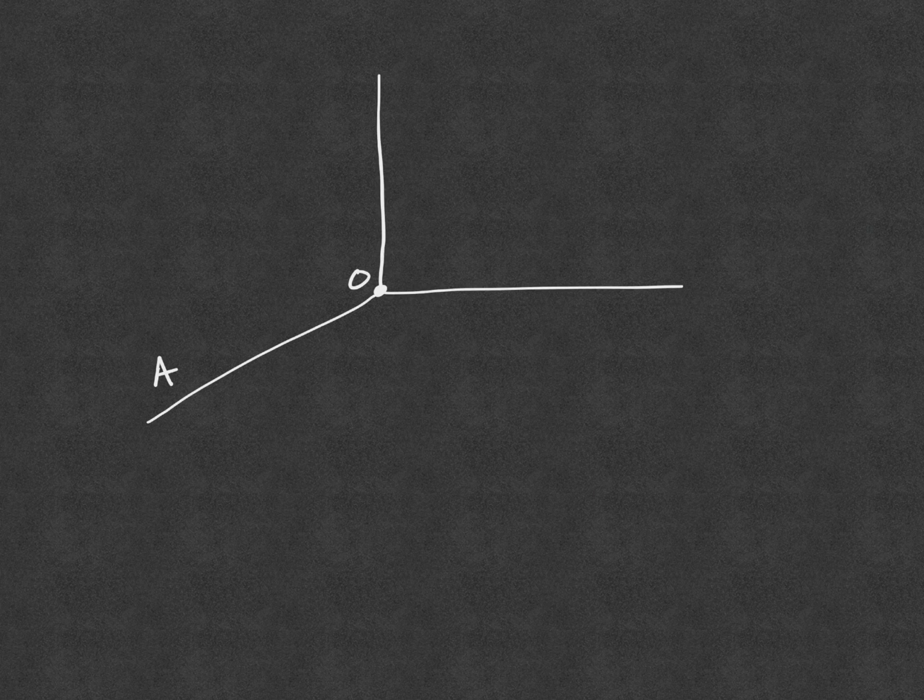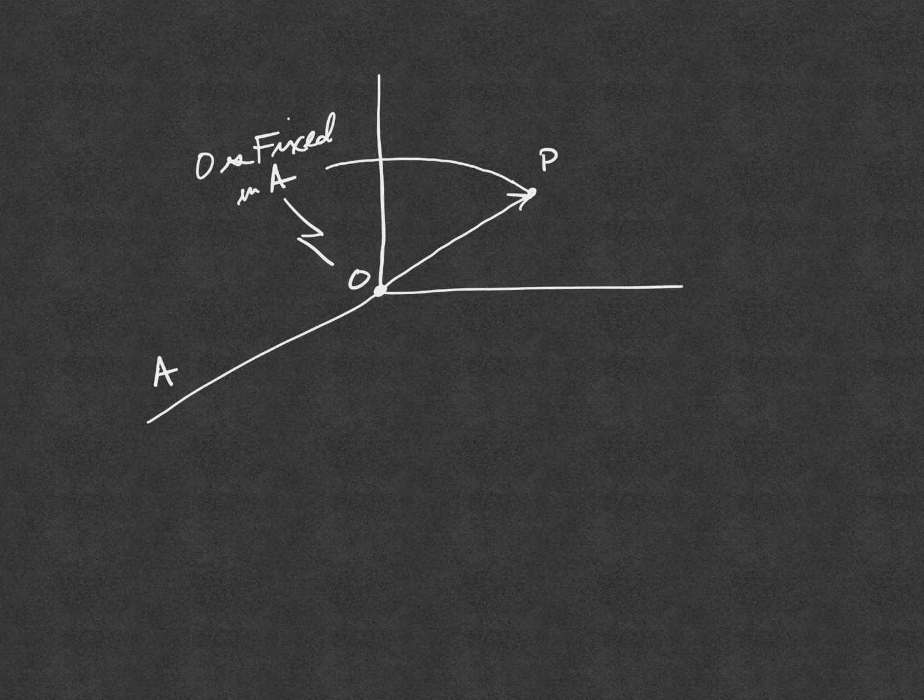So adding to the previous picture, here's my reference frame A. Again, here's a point O, and O is fixed in A. And then I have my point P, which is denoted as that point right there. And I have this trajectory of this point. So there's the trajectory of point P in reference frame A.